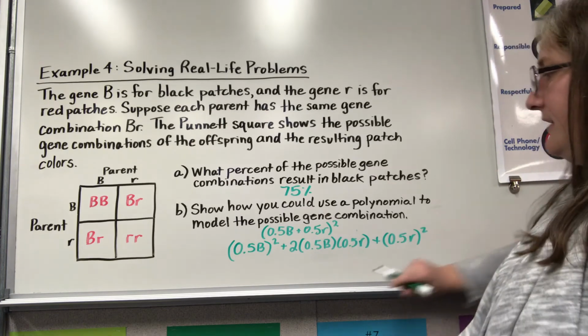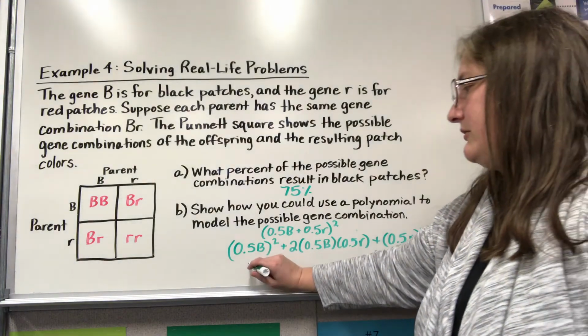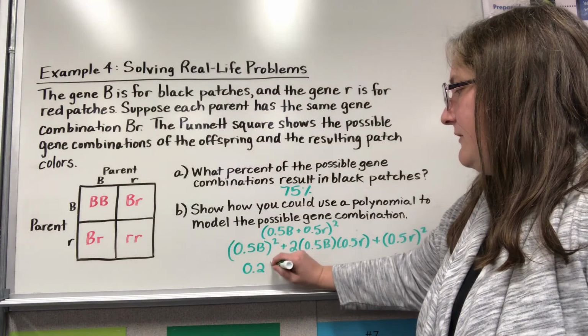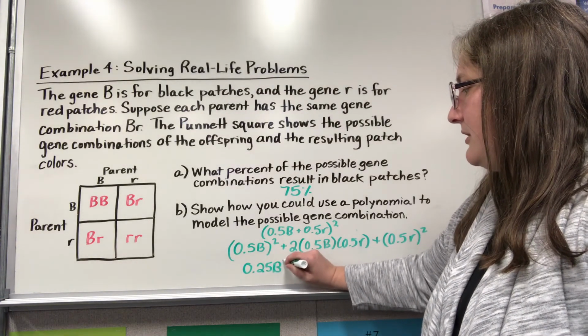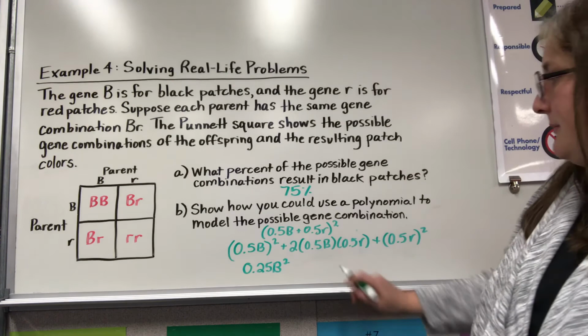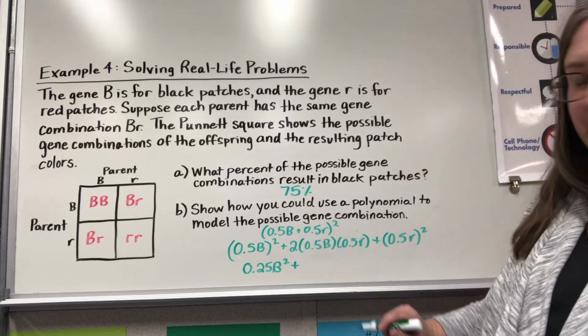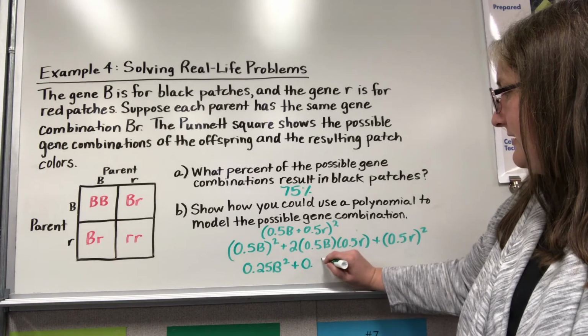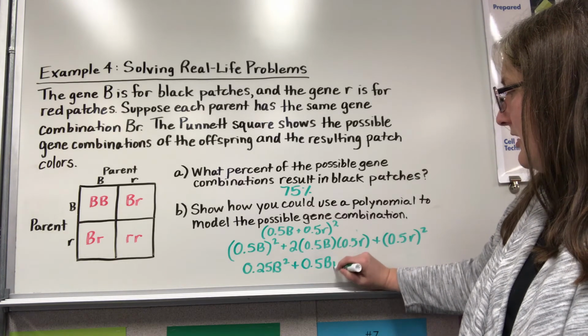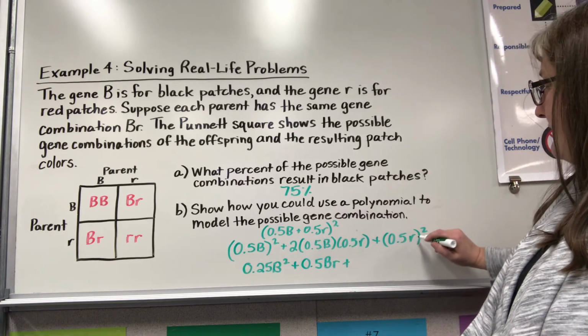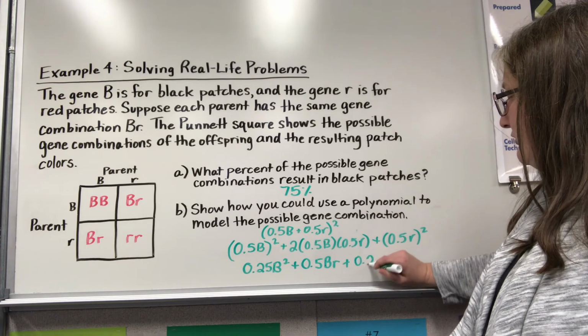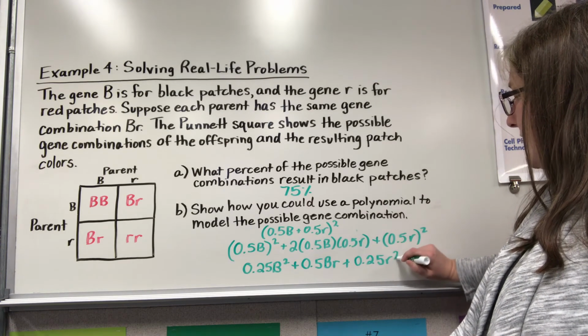Now if we simplify this, 0.5b squared is going to give us 0.25b squared. 2 times 0.5 times 0.5 is going to give us 0.5b times r. And 0.5r squared is going to give us 0.25r squared.